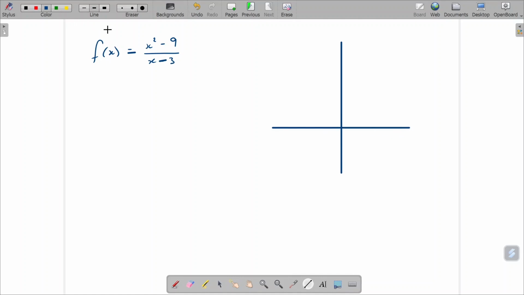Okay, your function would do something along those lines and would look a lot like the function of x plus 3.